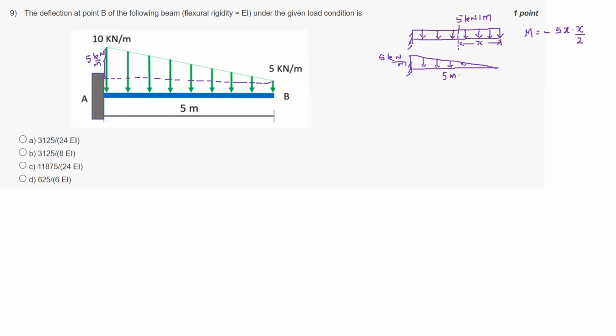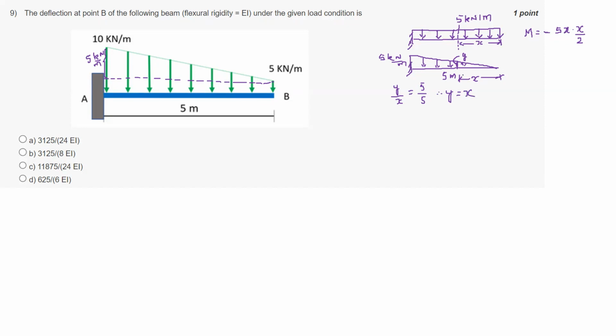Then we have x again, and the vertical distance, let us say, is y. By similar triangles, y by x equals 5 by 5, therefore y equals x.